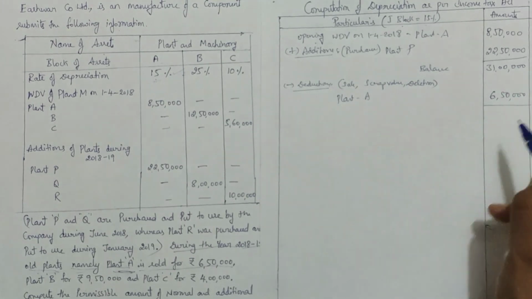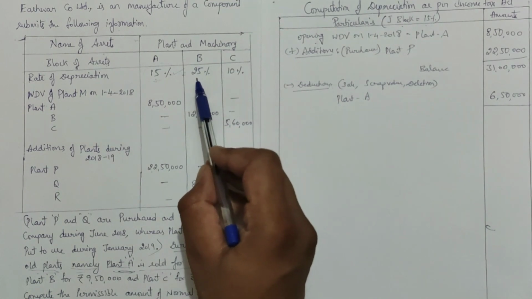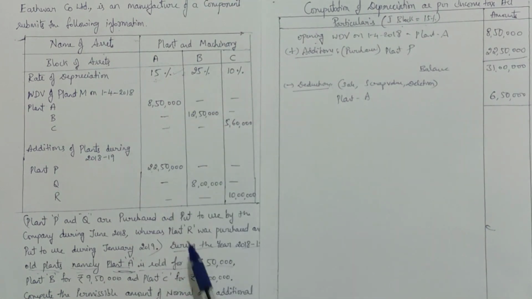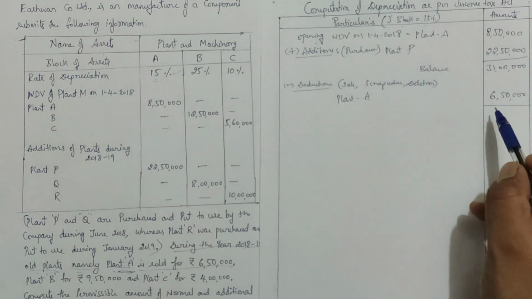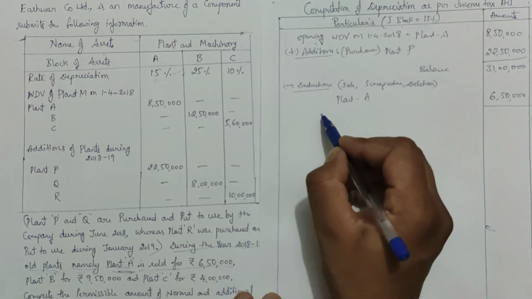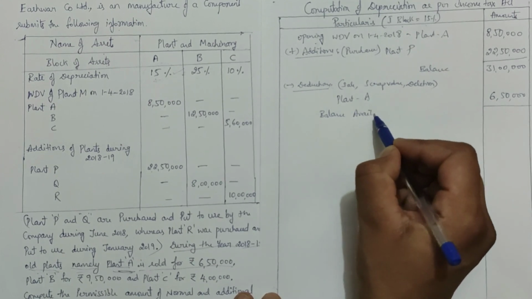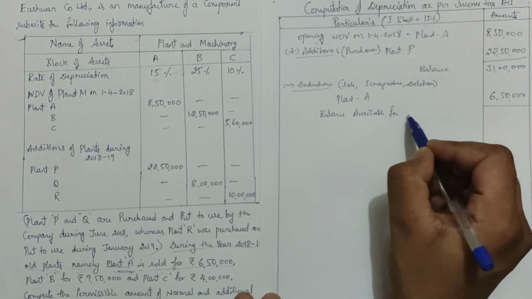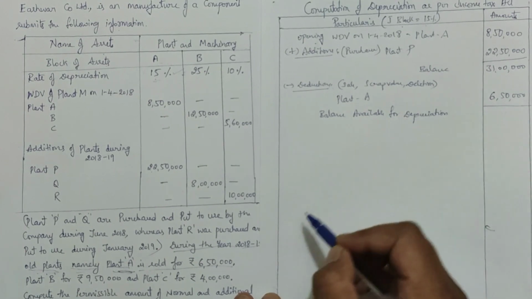Next they are going about plant B. Plant B is all about 25%, so 25% will come under the second block. That we will do later after finishing the first block. Clear? So first we will deduct this 6,50,000. Next we will get the balance available for depreciation.